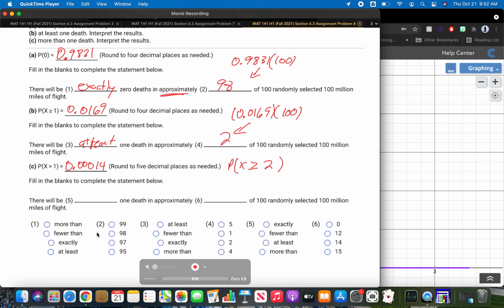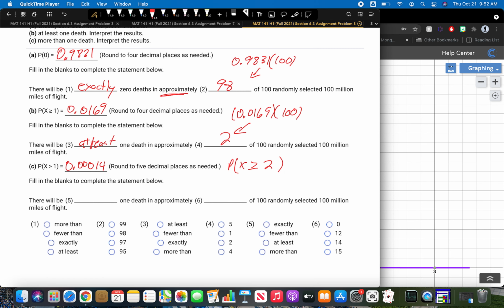So that means there will be more than 1 death in approximately 0 of 100 randomly selected 100 million miles of flight. Because if you multiply 0.00014 times 100, you get 0.014, which rounds to 0.